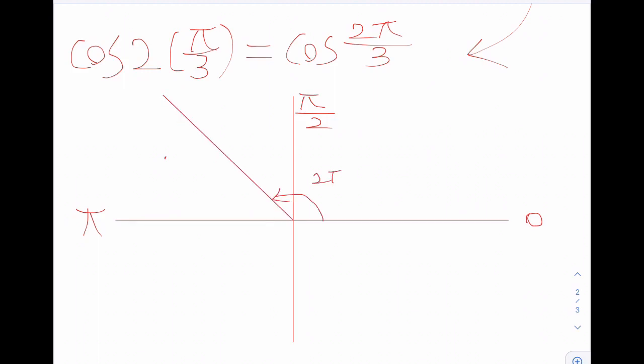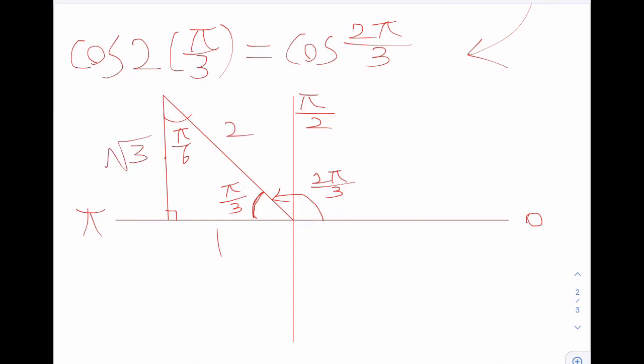So 2 pi over 3. Now what is this angle going to be, guys? This angle is going to be pi, take away 2 pi over 3, which will be pi over 3. If we draw a right triangle like that, since these two have to equal 90 degrees, this will become pi over 6. And if we use a special triangle, this will become 1, this will become 2, and this will become root 3.